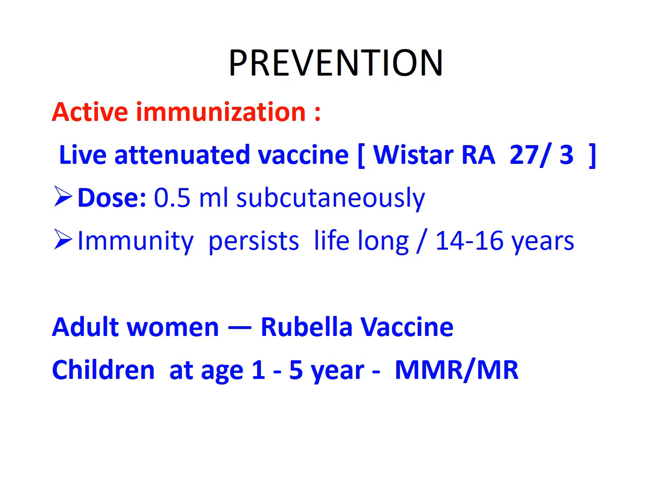The dose is 0.5 ml given subcutaneously, and this gives immunity which persists lifelong or at least 14 to 16 years. For adult women, a separate rubella vaccine is given, but for children aged 1 to 5 years, it is given in combination with the MMR vaccine, that is mumps, measles, rubella, and in some countries the measles and rubella vaccine is given, that is the MR vaccine.